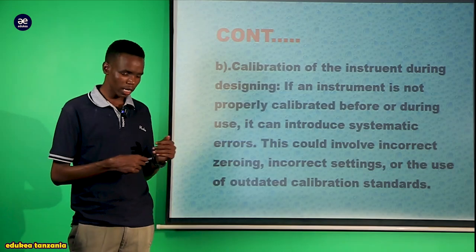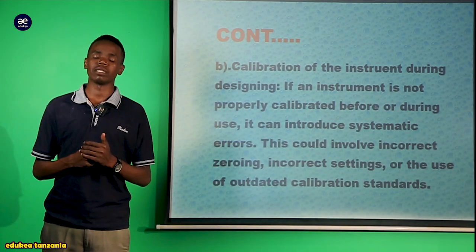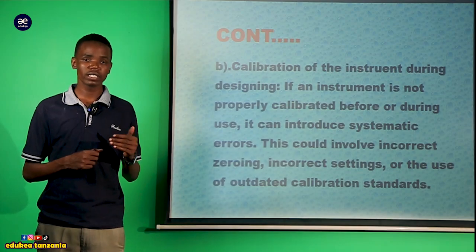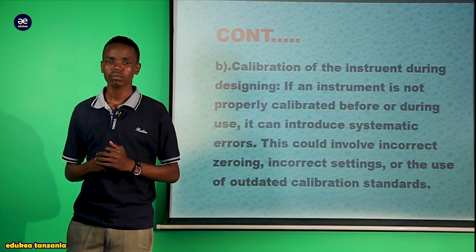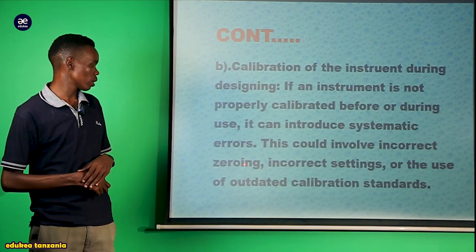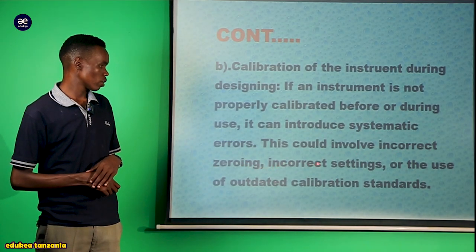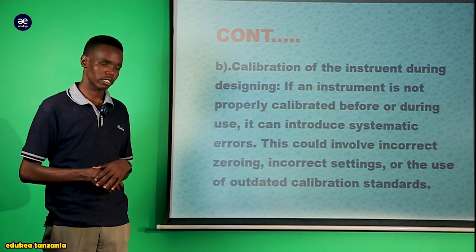Therefore, during these measurements or before the measurements, this will force us to obtain the systematic errors. So this could involve incorrect zeros, incorrect settings, the use of alternative calibration standards.